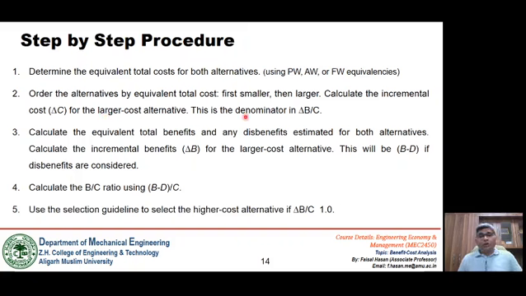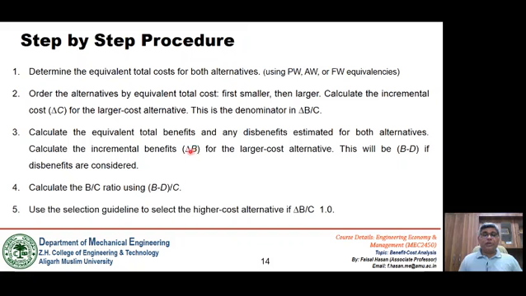We denote this in the denominator as delta C. Again, we calculate the equivalent total benefits, or the disbenefits associated with the alternatives, as in the previous case, and we subtract the two to compute the incremental benefits.